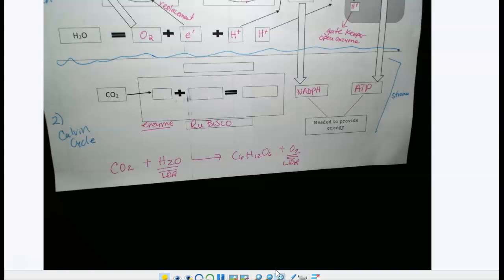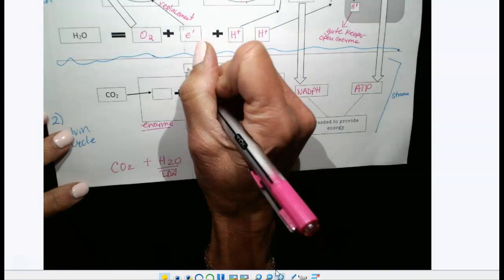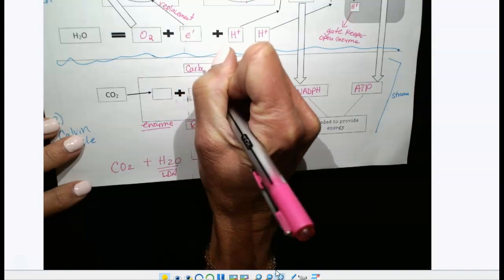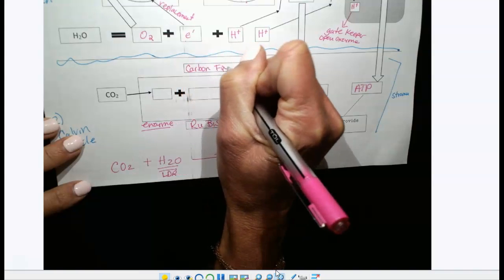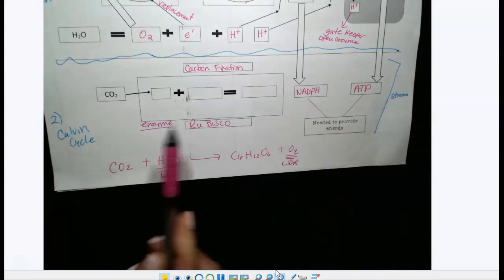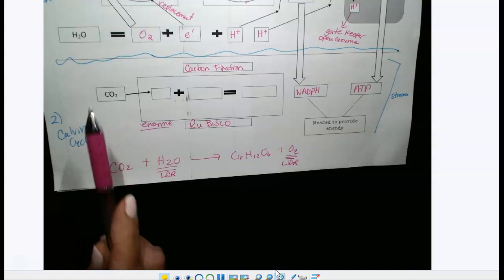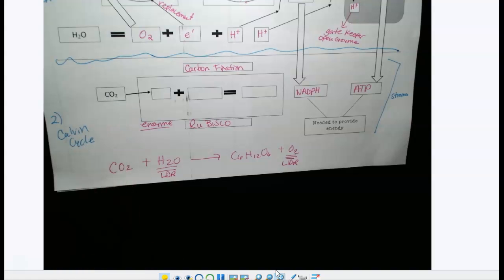So rubisco's job is to do something called carbon fixation. What carbon fixation is, is taking carbon from this carbon dioxide molecule, stripping it from the molecule, and using it to make a carbohydrate.